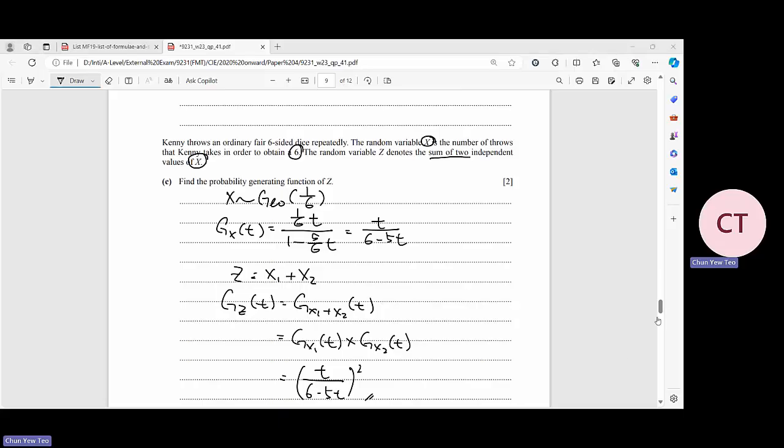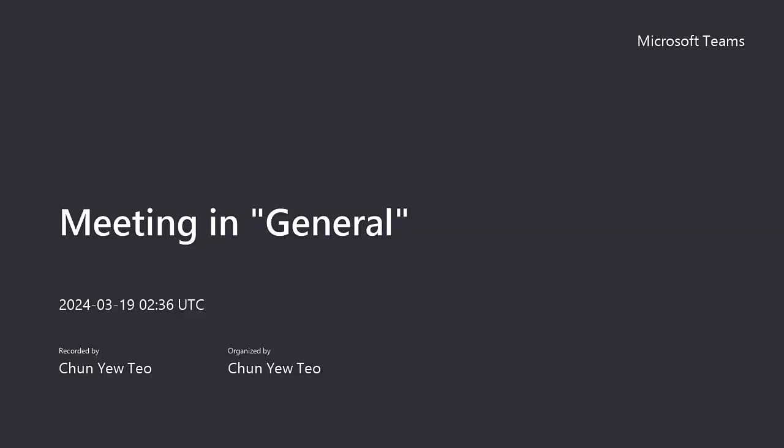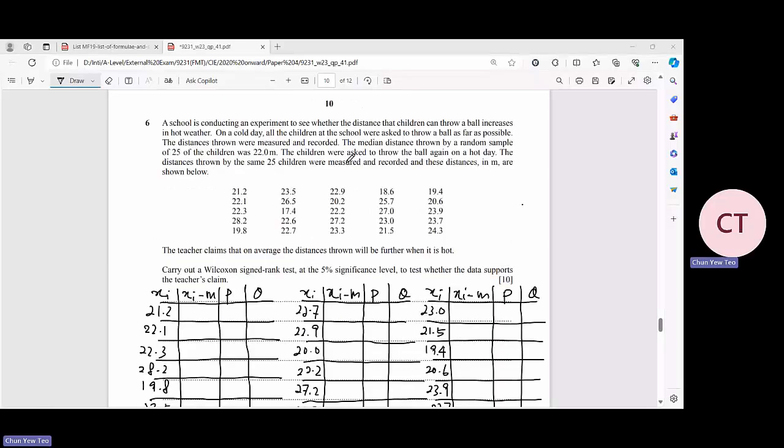Okay, moving on, we will go for the next question. Now we take a look at question number 6. This one is quite long, so to save time, I have built the table earlier. A school is conducting an experiment to see whether the distance that children can throw a ball increases in hot weather.